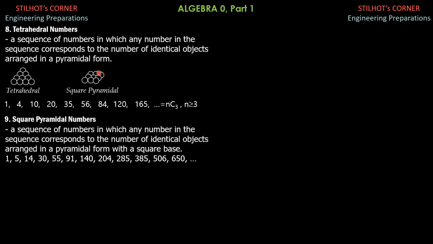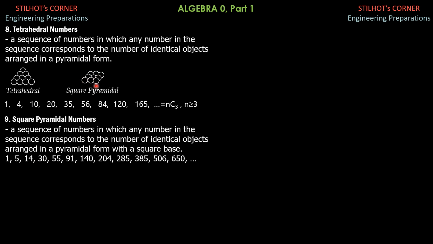This is the third layer, 3 by 3. That's why there are 9 identical objects. Above it is 2 by 2, which is 4. And above 4 is 1 squared. So 1 plus 4 is 5. Then 5 plus 9 is 14.